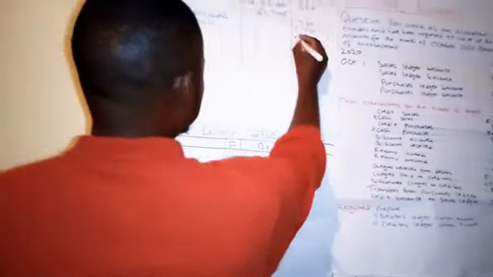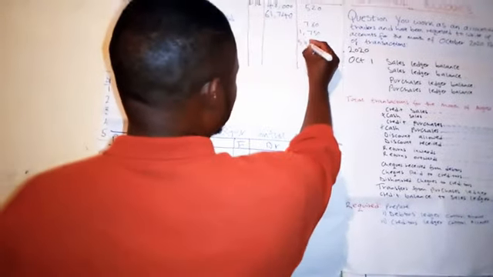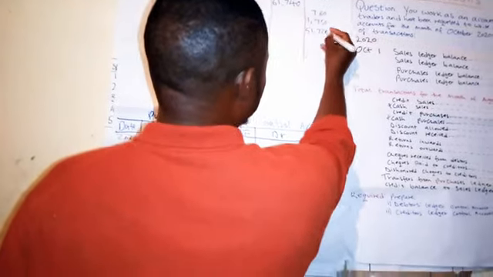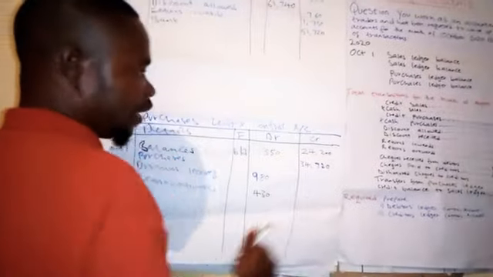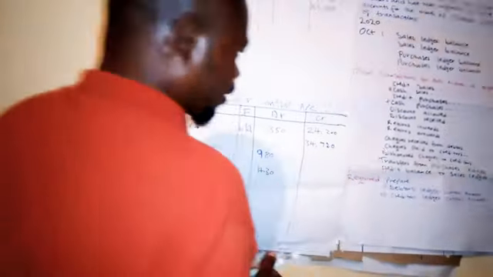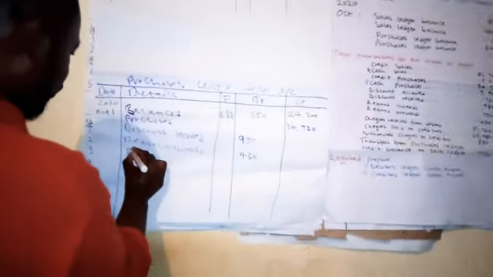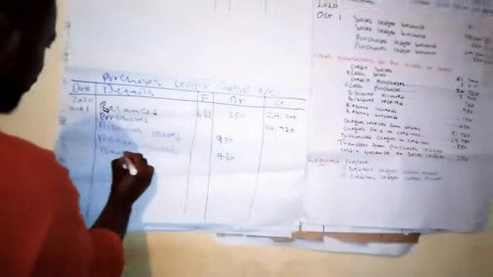This is 51,720. All right. Then checks paid to creditors. This one affects the purchases ledger. You can write here bank.